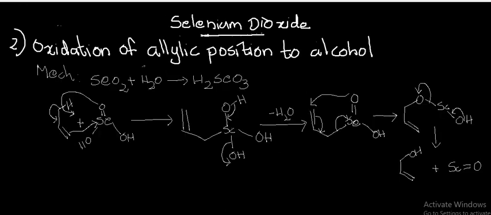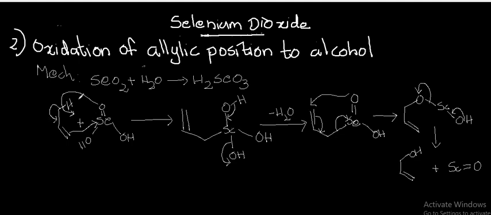What is the mechanism of this oxidation of the allylic position to alcohol? In the first step, selenium dioxide reacts with water to form the real oxidizing agent, H2SeO3. This is the structure of H2SeO3 when it reacts with the allylic alkene.